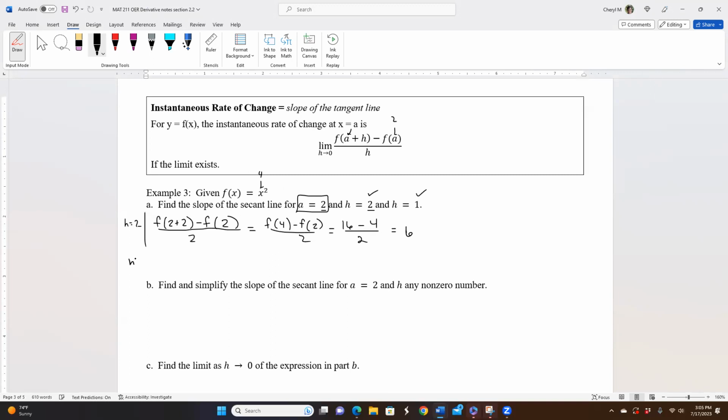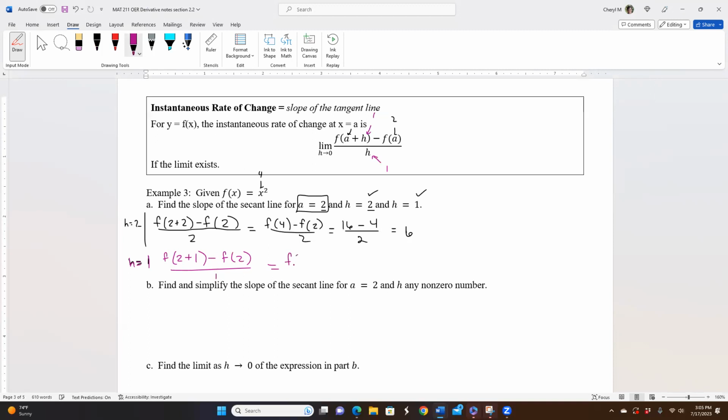Then we want to do it when h equals 1. Let's do this in a different color. So when h is 1, we'll be substituting a 1 into those parts. That will look like this. We'll have f of 2 plus 1 minus f of 2 over 1.